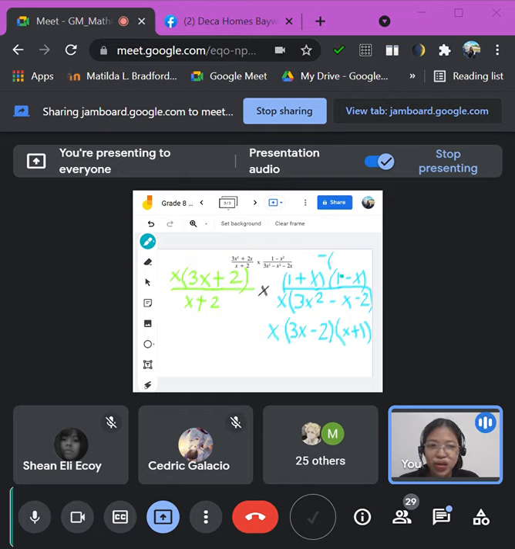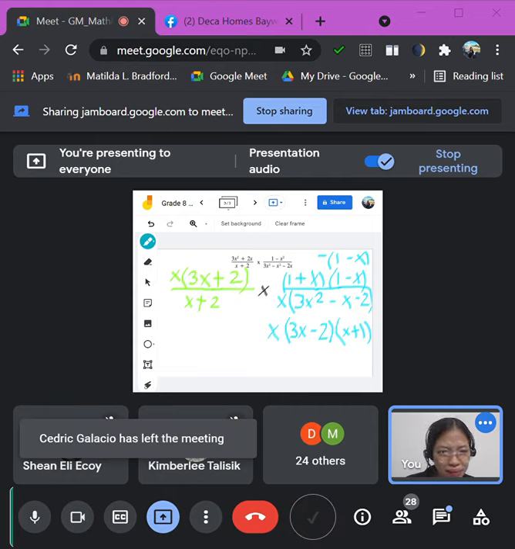Kani siya, ato ni siyang i-change. Kung imo siyang i-negative ang gawas, mahimo man siyang positive diri. So, ato na siyang i-change ang iyang position. So, from that, you are going to interchange. So, pwede ra siyang makancel.